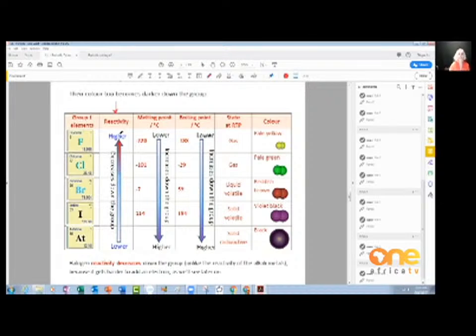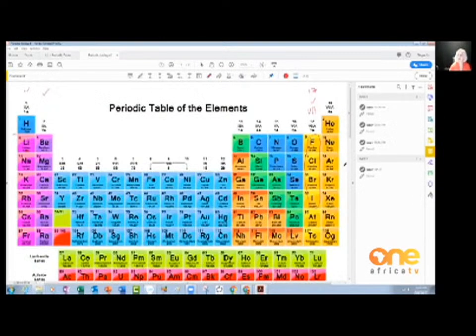Because from their placement in the periodic table, we can understand the electrons that they have in the outer energy level. Being elements of group 7 means that they have 7 electrons in their outermost energy level. All of them have 7, including the last 2 that we're going to ignore.